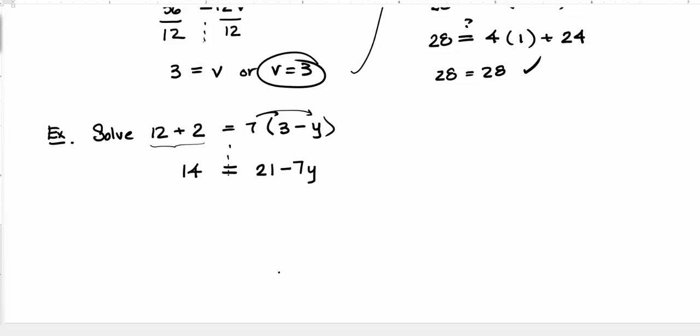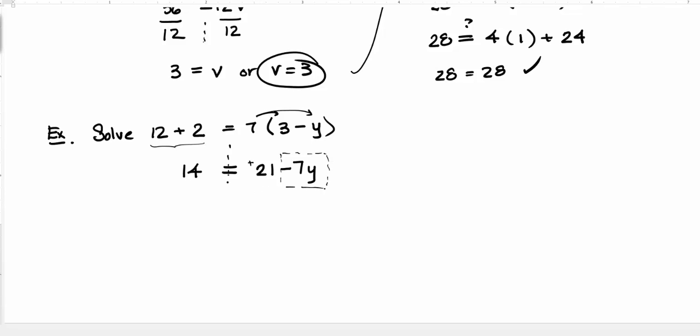Okay. So what term has the variable in it? Well, it's my y. And I'm going to isolate it along with its sign. And I'm going to say negative 7y. I want to get that by itself. So I need to get rid of this 21. Well, even though I don't have a sign out here, that's assumed that it's positive, right?